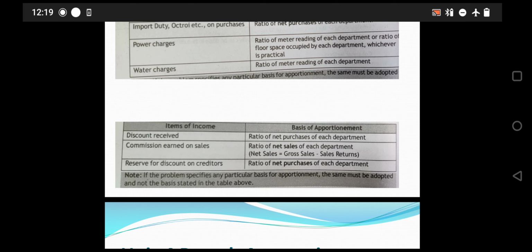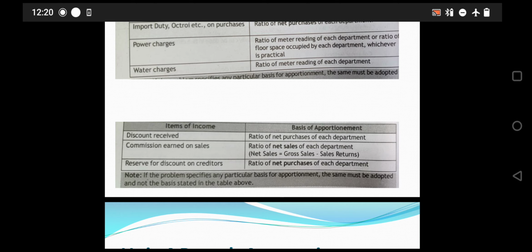For example, I am purchasing goods worth 10,000 rupees, and the shop owner has given a discount of 10%, which means instead of paying 10,000 I have to pay only 9,000. So 1,000 is an income to me, which I have saved. That comes to discount received, which will be entered on the credit side of the profit and loss account.